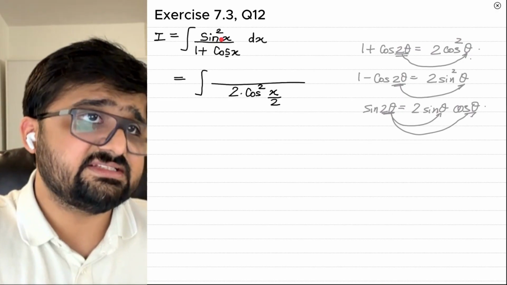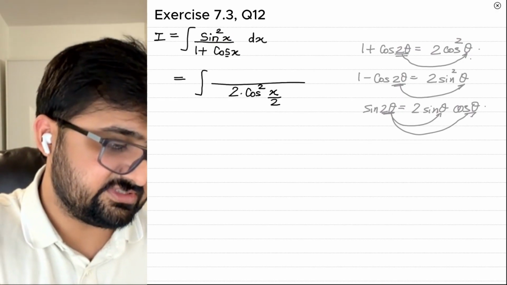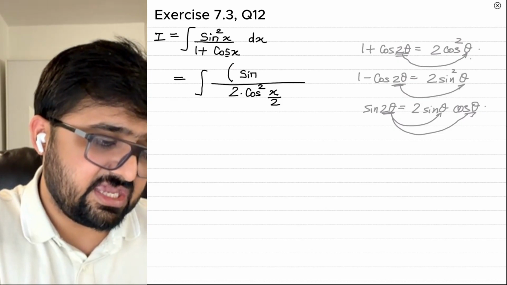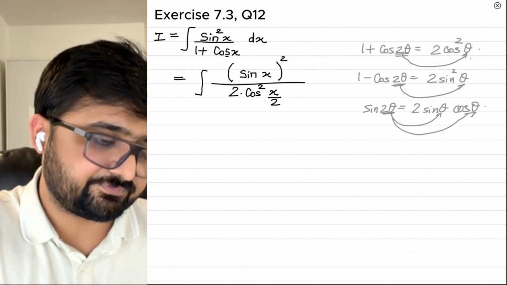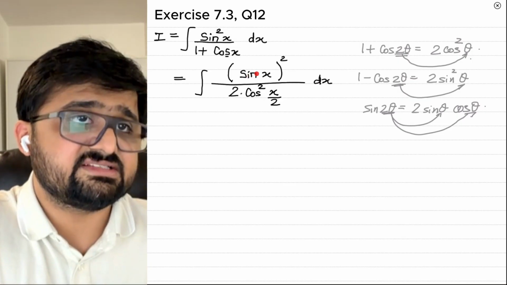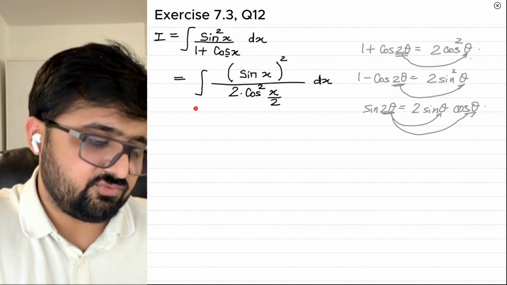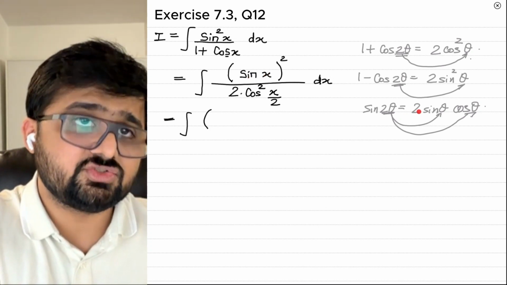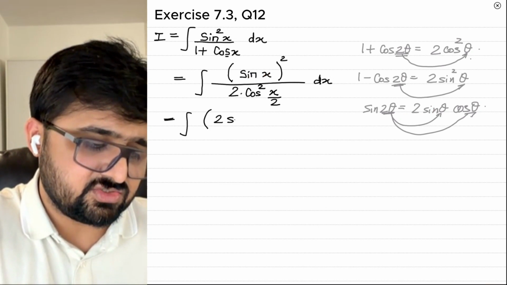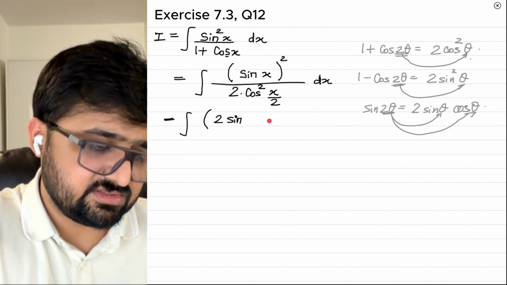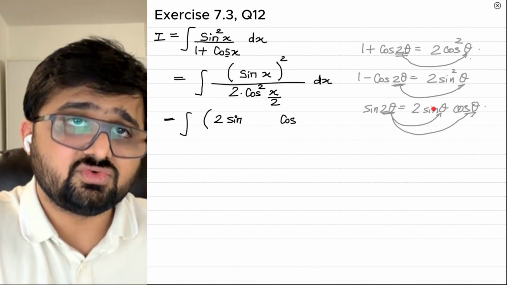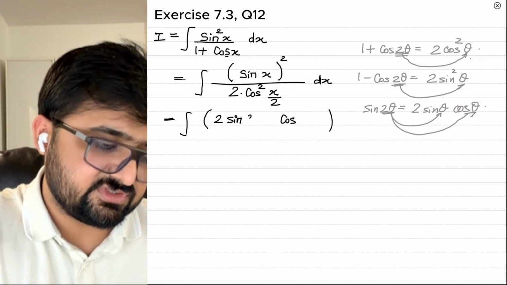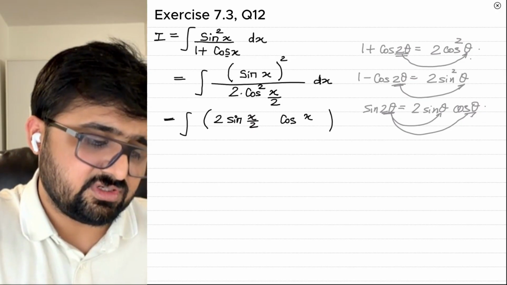Similarly, this is sine square x. Remember, this is just like sine x the whole squared. So sine x can be written as 2 sine and cos, and the angle becomes half, x by 2, x by 2.